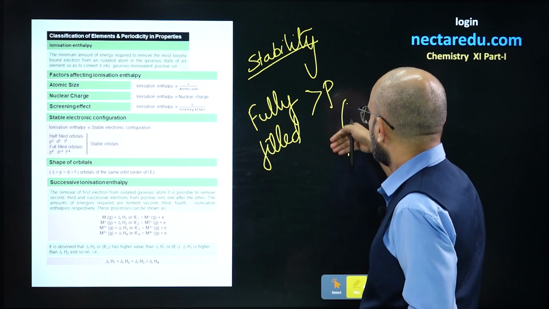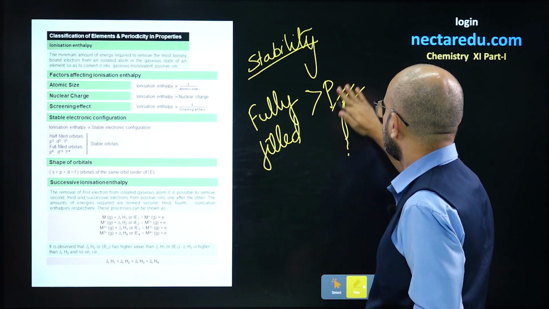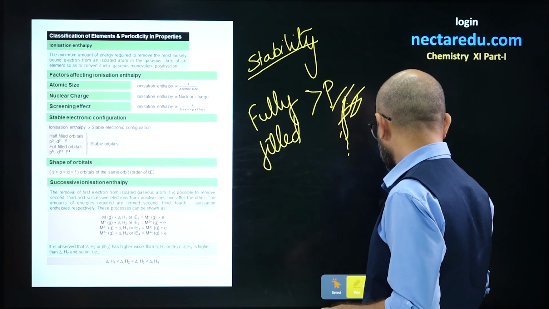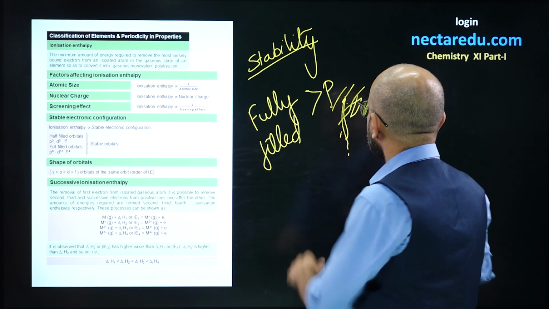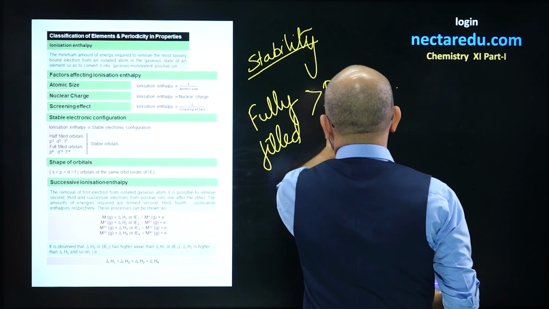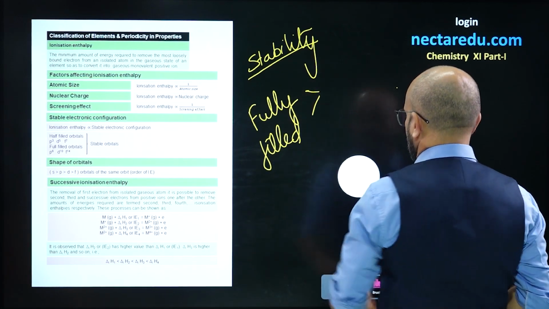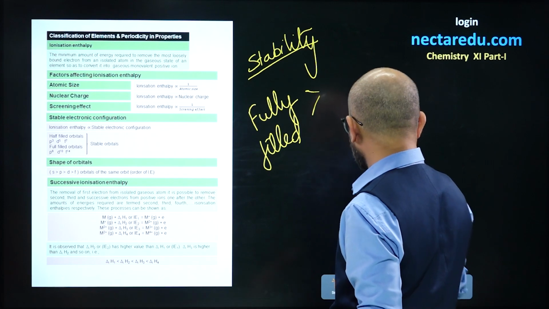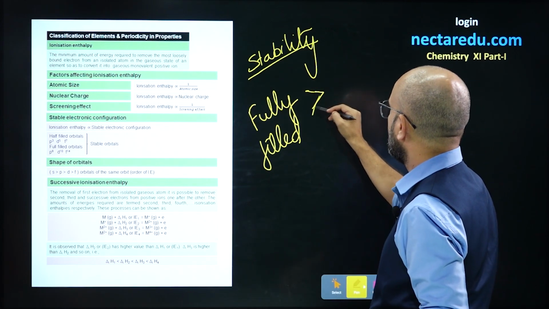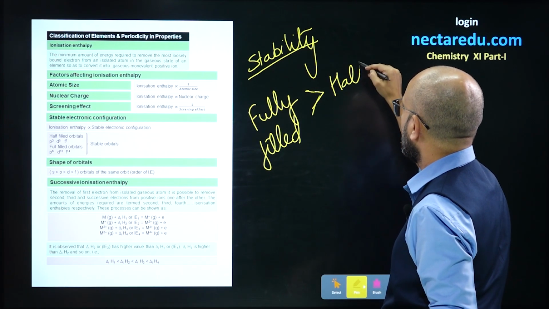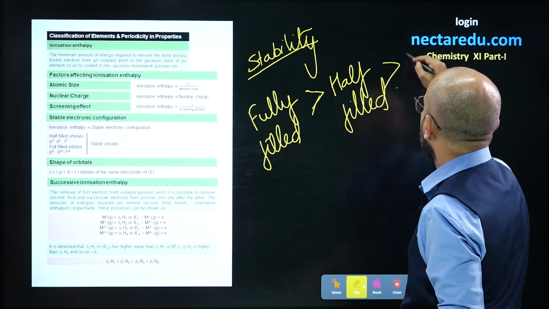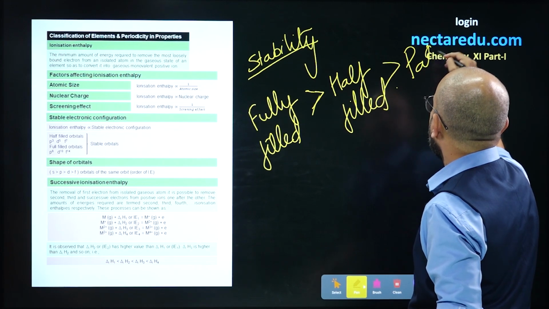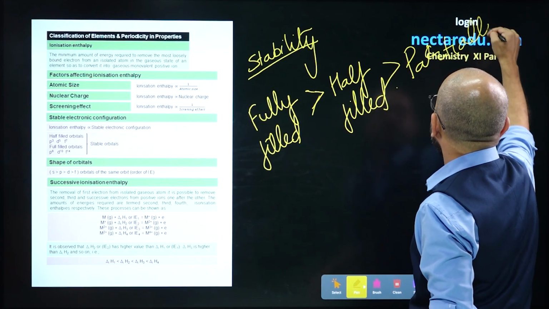After fully filled, the other one is half filled. Okay, fully filled is most stable, then comes half filled, and least stable is partially filled subshell. Fully filled, half filled and partially filled.